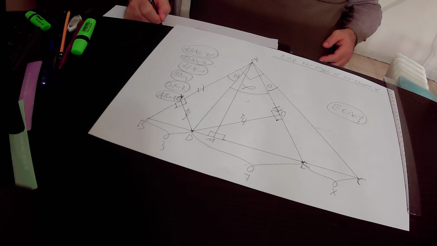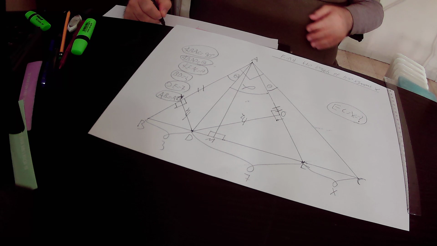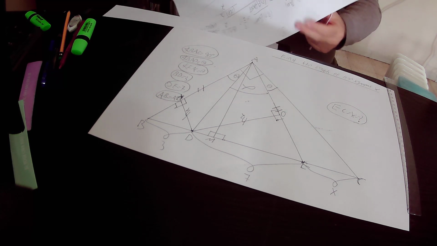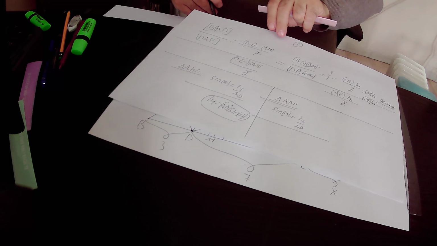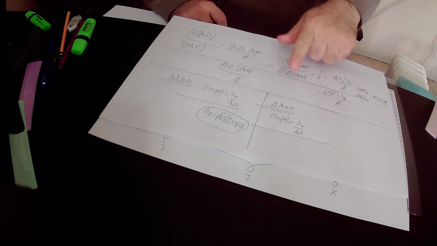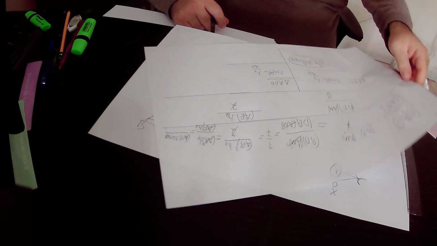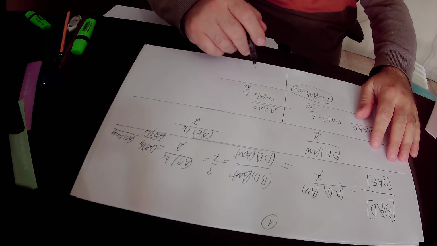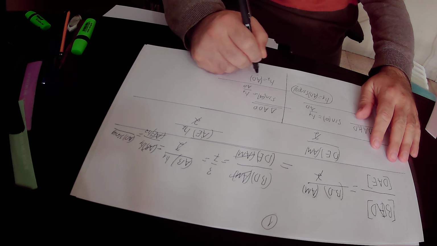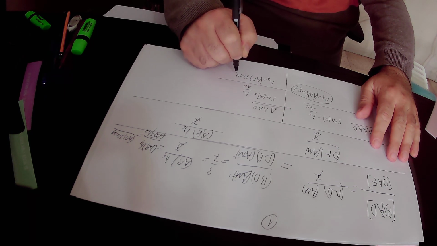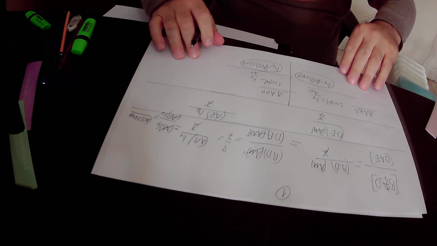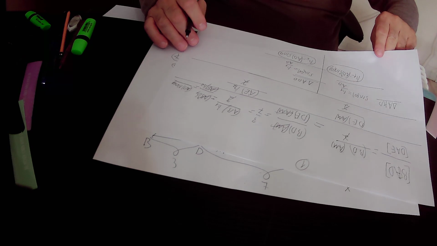We will multiply this equation by AD, and we'll get that H2 equals AD times sine alpha.